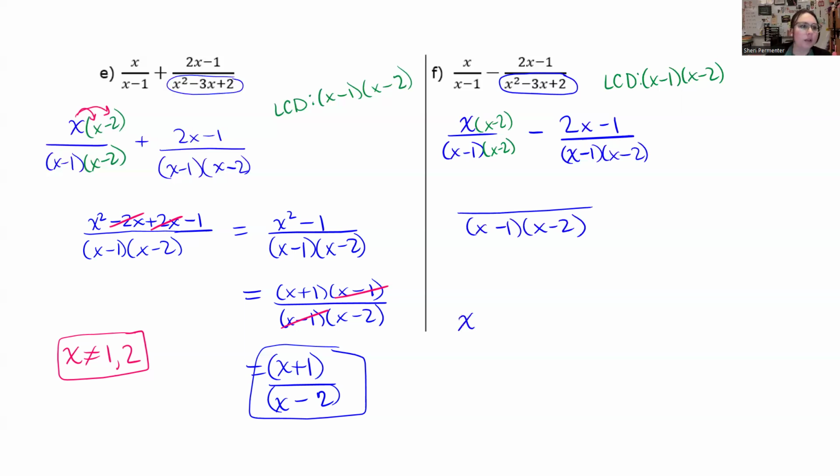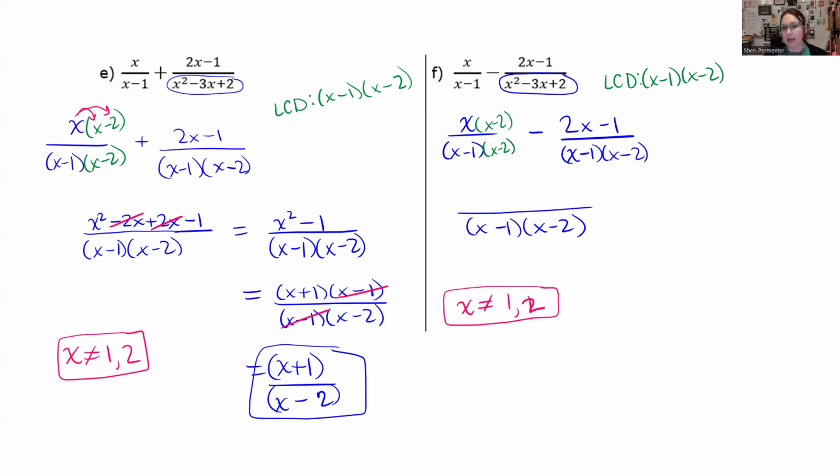I know that x cannot be equal to positive 1 or positive 2. As soon as you rewrite the problem and you have the same denominator, you can identify restricted values.